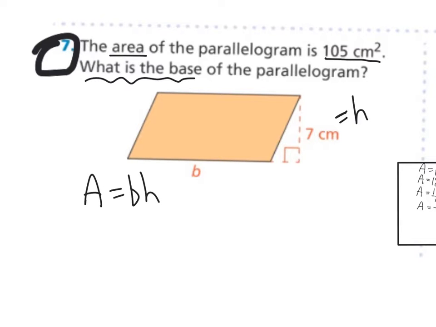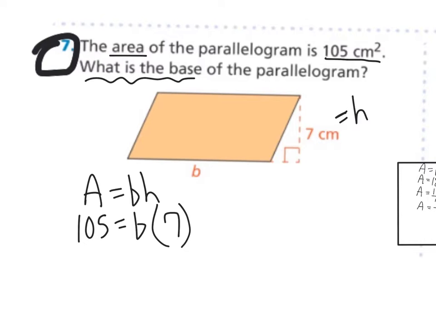So we'll start out with our formula. If we substitute in what they've told us here, area is 105. The base we don't know, and it's being multiplied by the height, which is 7. And then we're going to try to solve the equation, figure out what b is equal to.